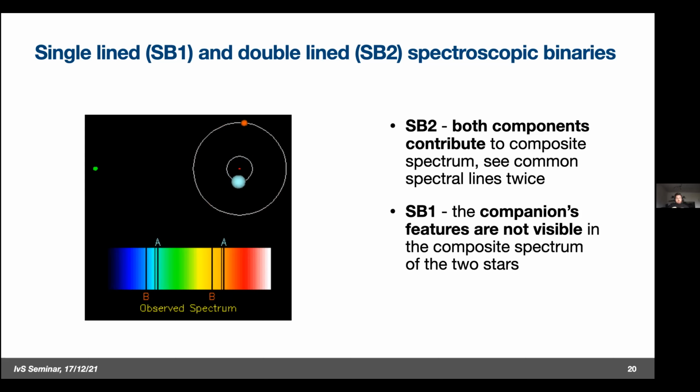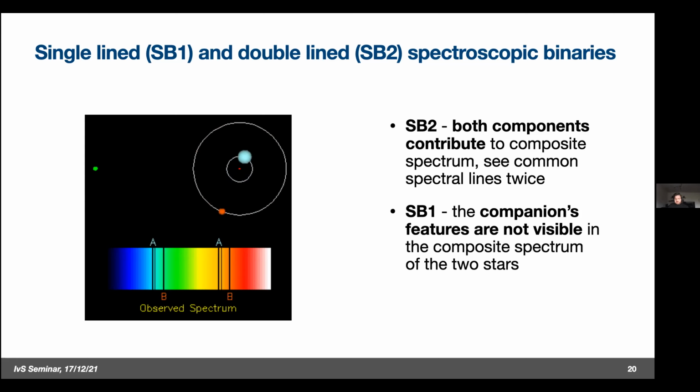As both are moving in Doppler motion away and towards the observer, these absorption lines have this reflex Doppler motion in the spectrum, and they separate and come together as the star orbits. So an SB2 is where you can see both the primary component, in this GIF it's A, and B is the secondary component. You can see both of these in the spectrum.